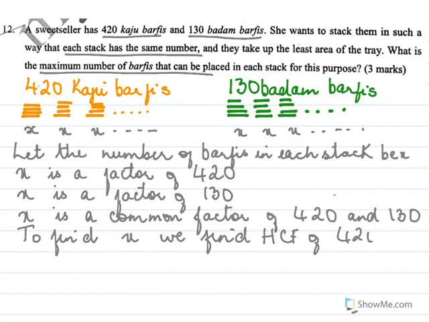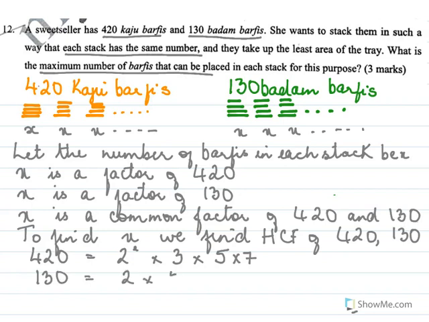of 420 and 130. So to find the HCF, we take the prime factorization of 420 equal to 2 square into 3 into 5 into 7, and for 130 the factors are 2 into 5 into 13.